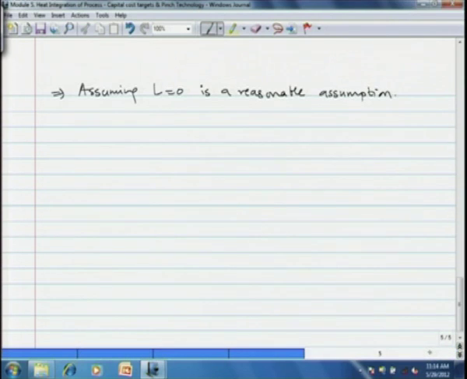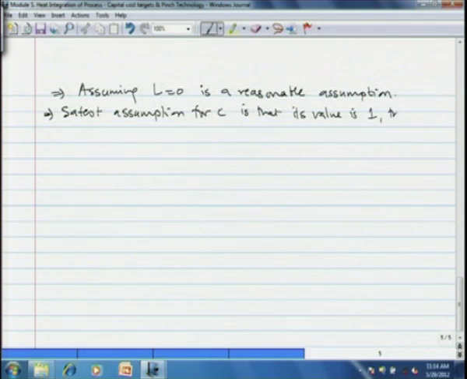So, the safest assumption for C, the number of components, is that just one component exists in the process. So, the safest assumption for C is that its value is 1, that the entire process is a single component.